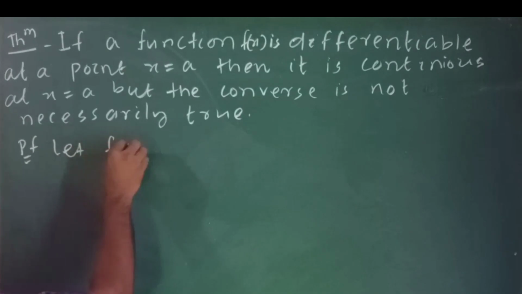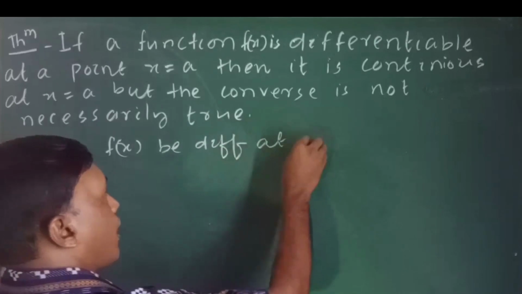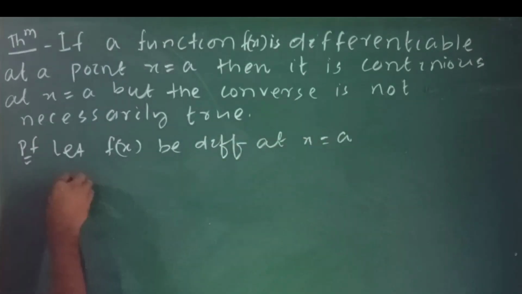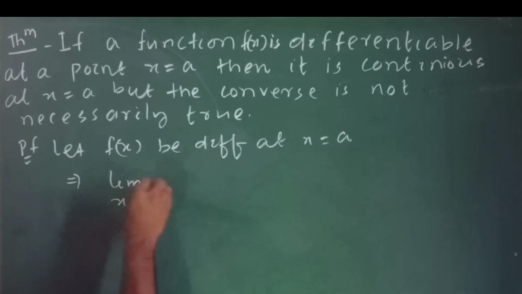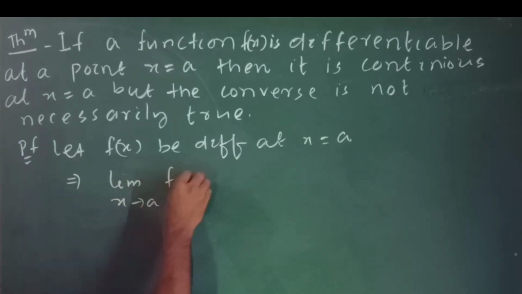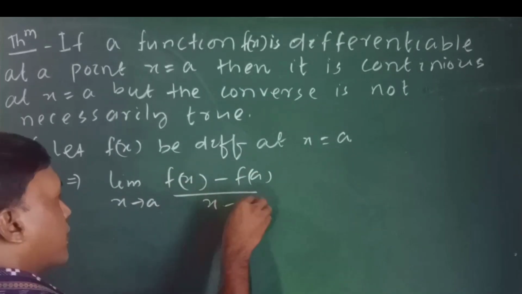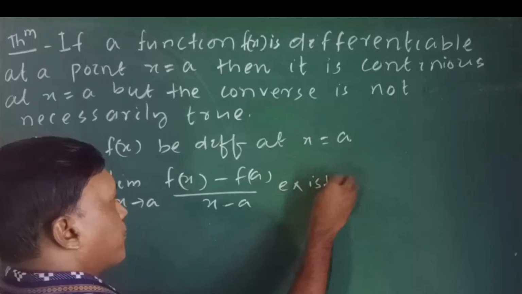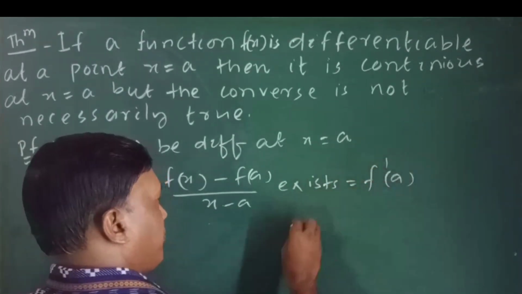Let f of x be differentiable at x is equal to a, which implies limit x tends to a of f of x minus f of a by x minus a exists, and this is equal to f dash a.